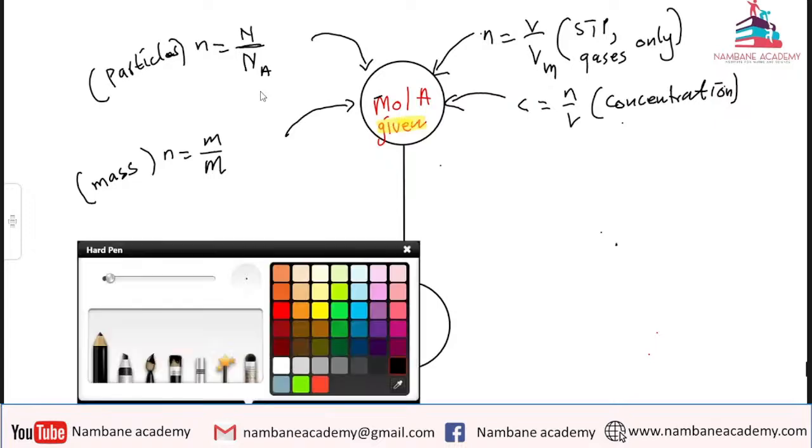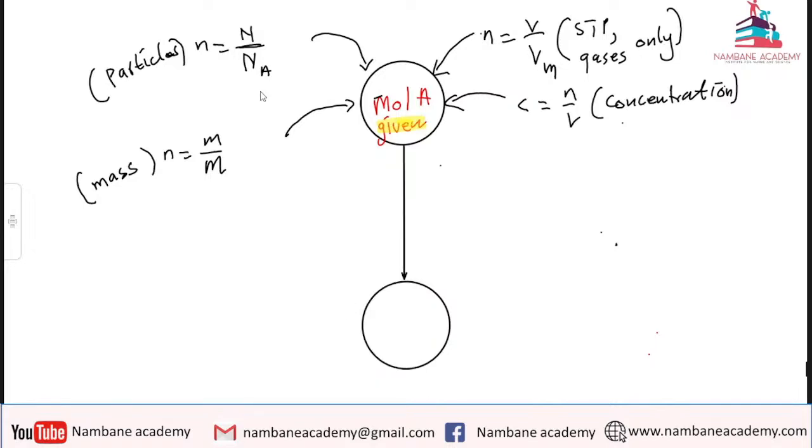So at an instance, I am going to calculate the moles of B, and this moles of B is what we call the unknown, the question, the one that is being asked.